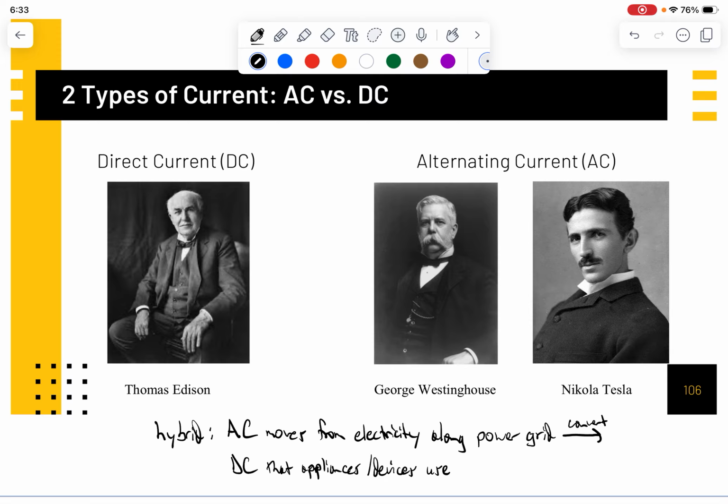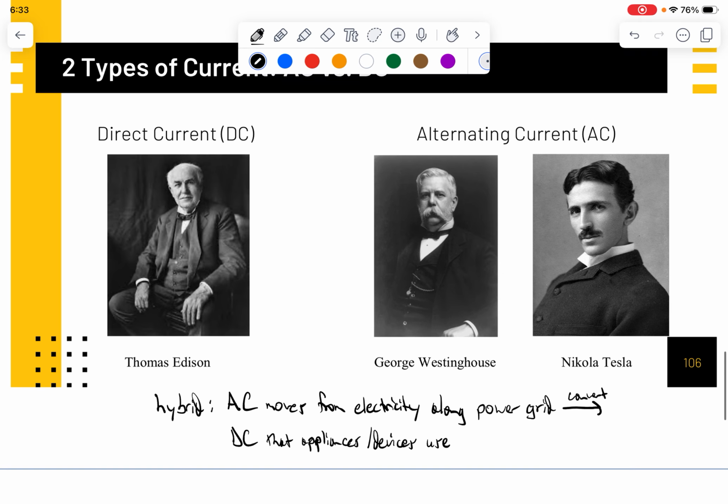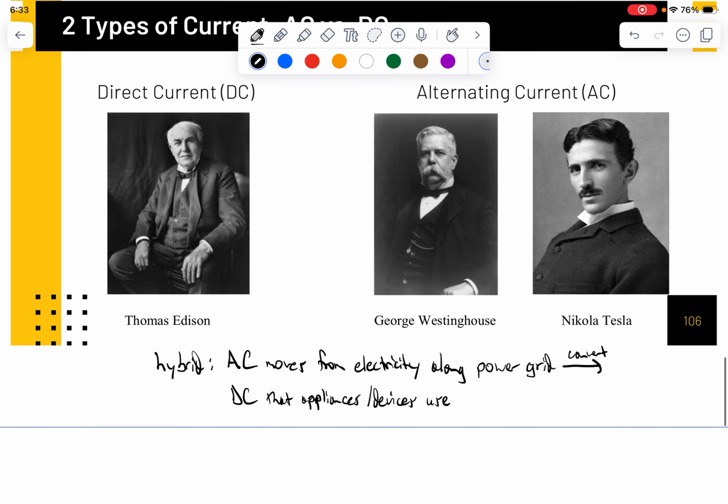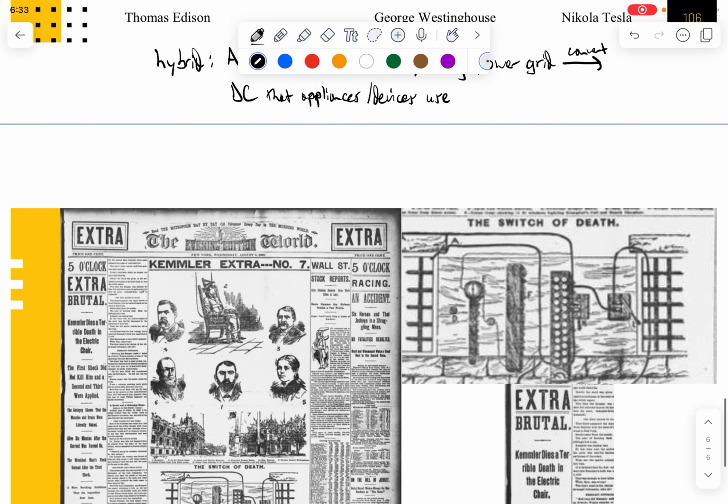Now, this back and forth debate between Edison, Westinghouse and Tesla has a lot of very interesting history at play. Even though Edison's approach wasn't as good scientifically, or as practical as using alternating current to set up our power grid, he tried to sway public opinion.